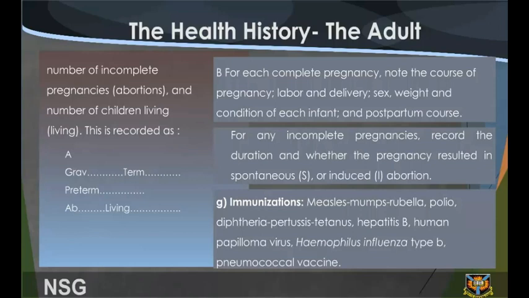For any incomplete pregnancies, record the duration and whether the pregnancy resulted in spontaneous or induced abortion. G. Immunizations: measles, mumps, rubella, polio, diphtheria, pertussis, tetanus, hepatitis B, human papilloma virus, Haemophilus influenzae type B, pneumococcal vaccine.